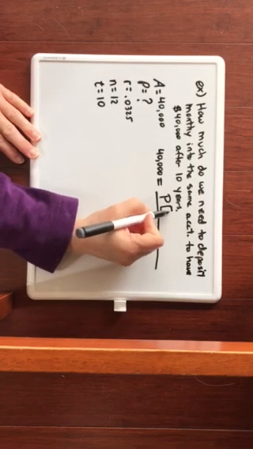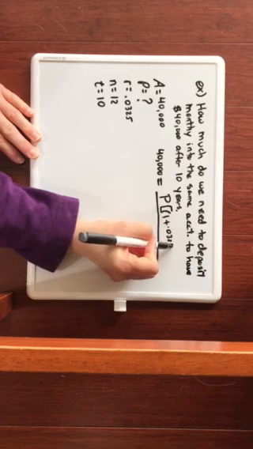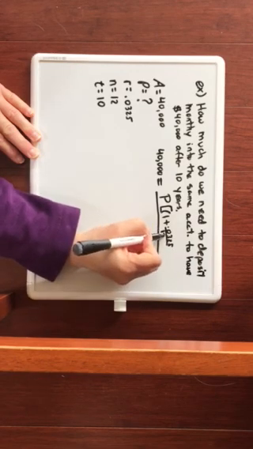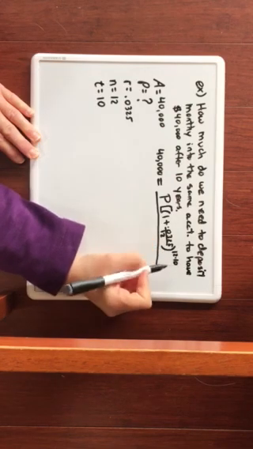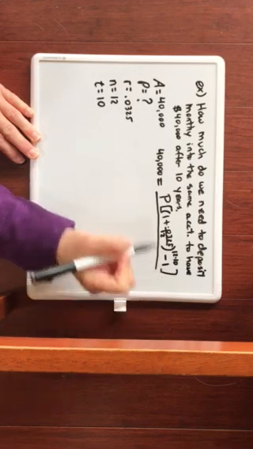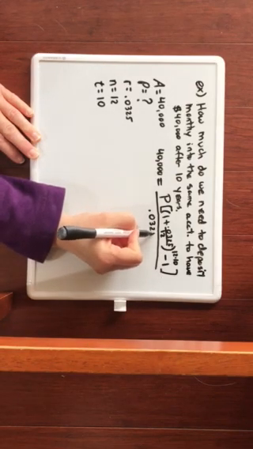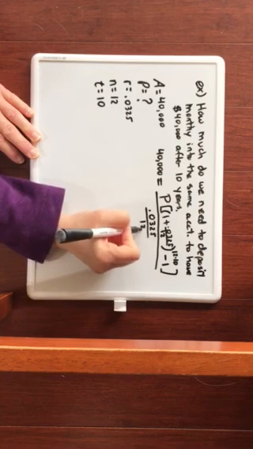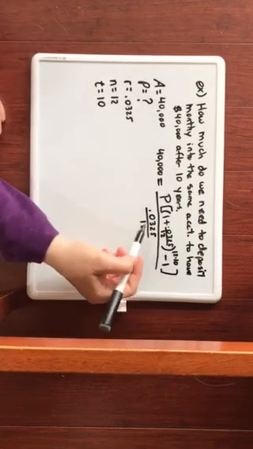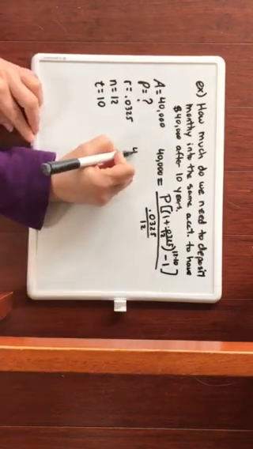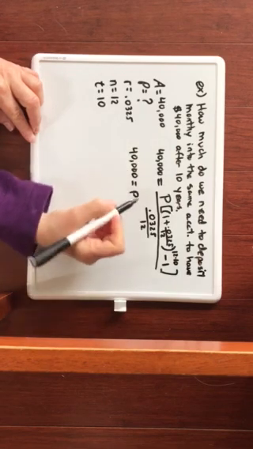Okay, so we have 1 plus 0.0325 over 12 to the 12 times 10 minus 1, all over 0.0325 divided by 12. Okay, now lucky for us, we've already calculated this all out, so I'm going to go ahead and write down what we came up with in the previous problem. That'll save some time.